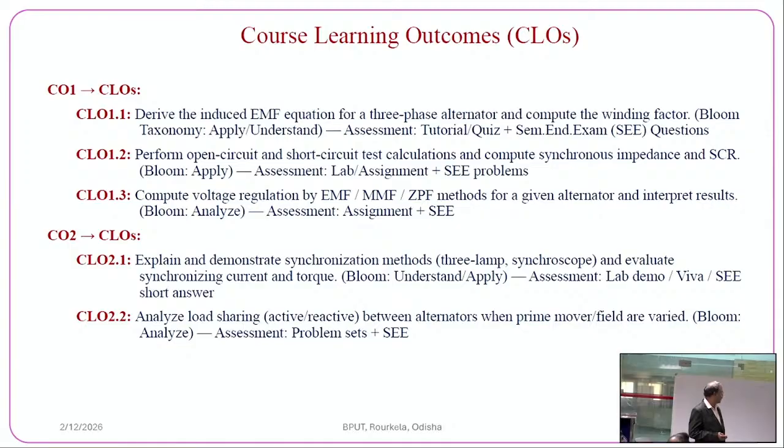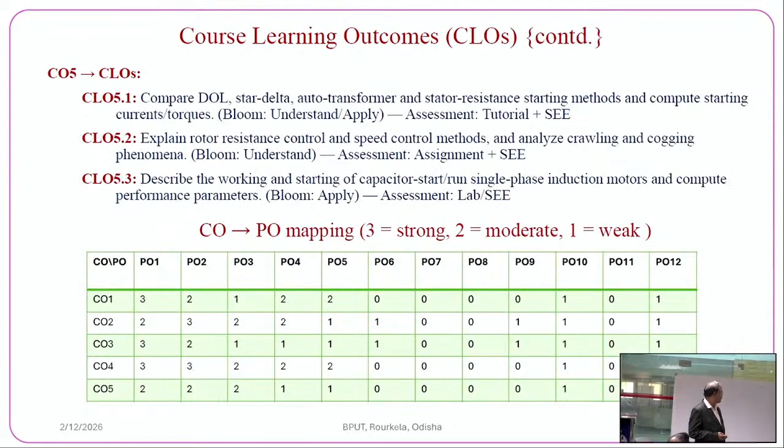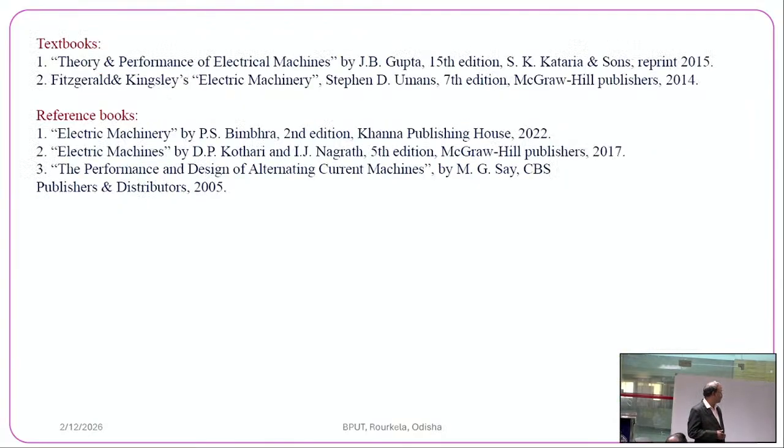And CO-PO mapping, 3 strong, 2 moderate, 1 weak. You set some target for each CO, and assign 1 or 2 or 3. These are the textbooks that the university has established.